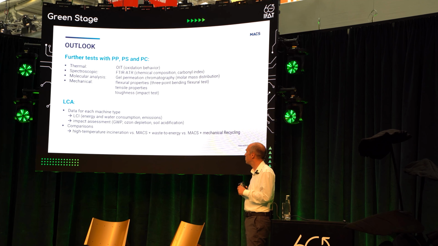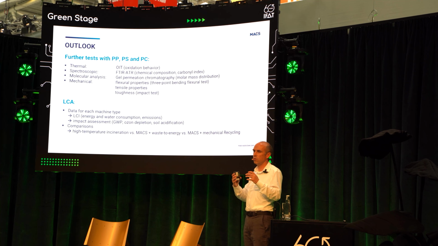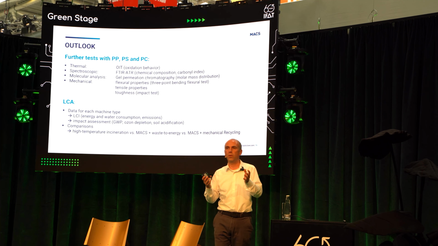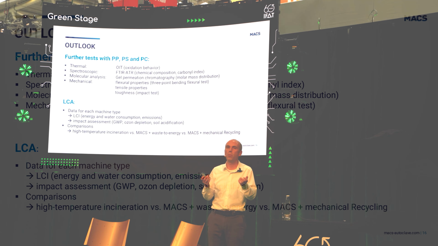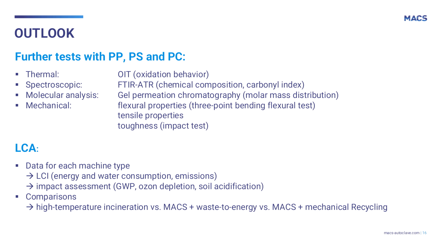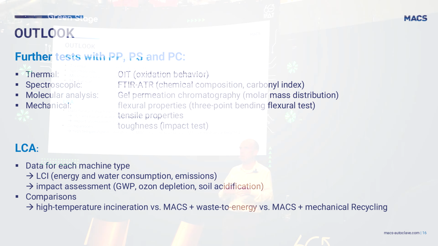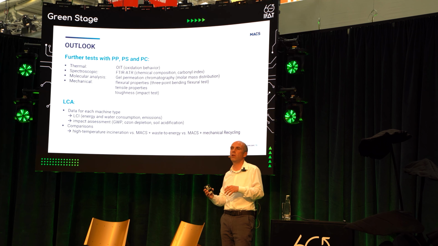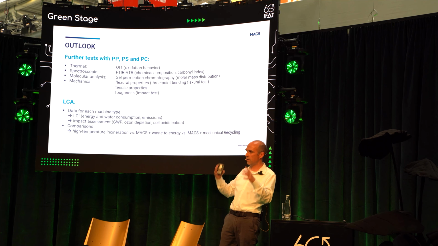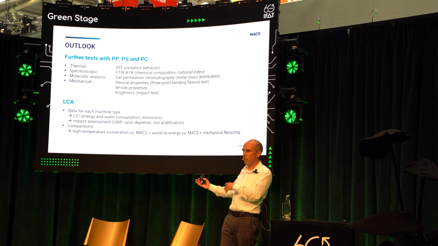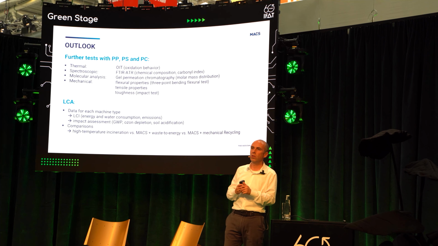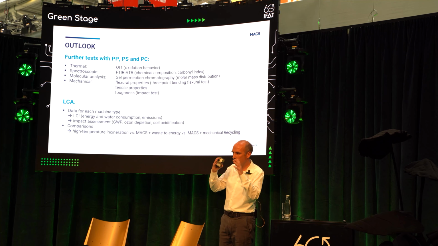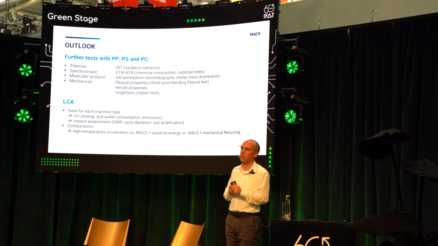And the most important thing is we want to do some comparisons. Because right now, I told you before, the preferred option or the normal option is high temperature incineration. We want to see the environmental impact of high temperature incineration, and we want to compare it with the combination of our MACS process and the waste to energy incineration. And we want to compare it with the most preferable option, combination of our MACS process and a mechanical recycling.